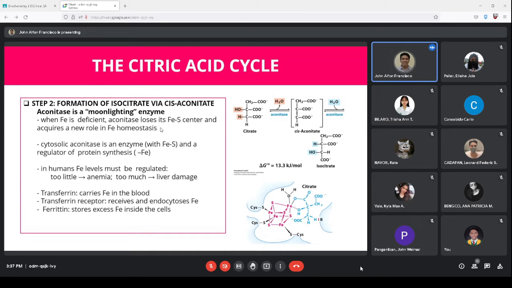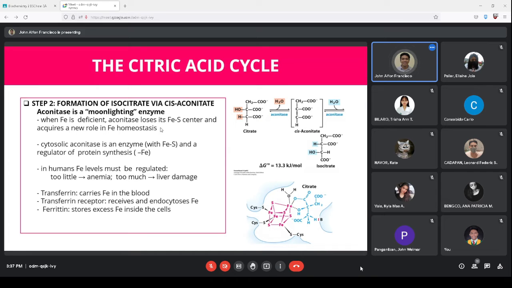So kapag too little, magkakaroon tayo ng anemia. Kapag sobrang dami naman ng iron mo, possible na magkaroon ka ng liver damage. So it acts as a transferrin carrier of iron in blood. It can also be a transferrin receptor which receives iron by endocytosis, and it can also be a ferritin, which stores excess iron inside the cell.